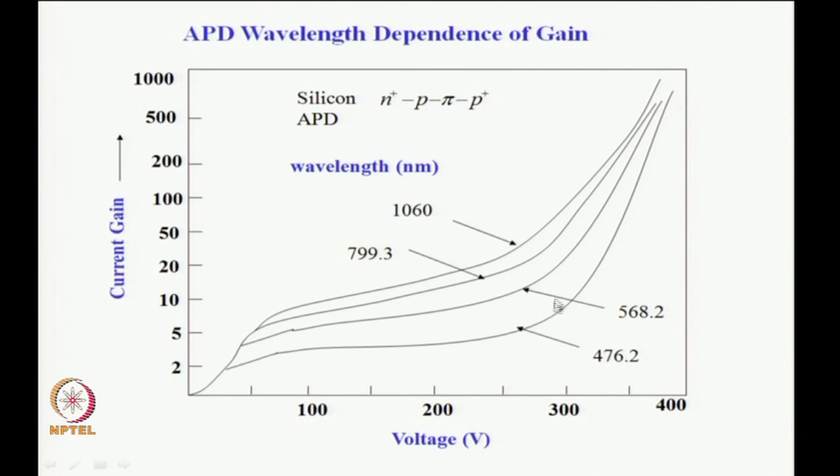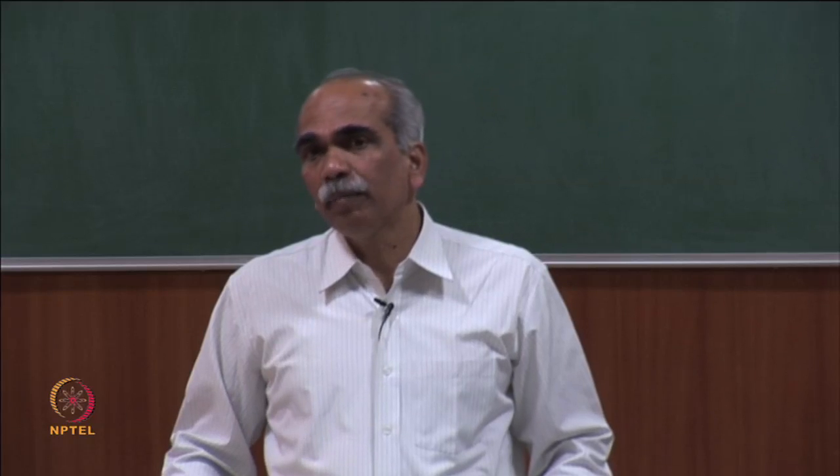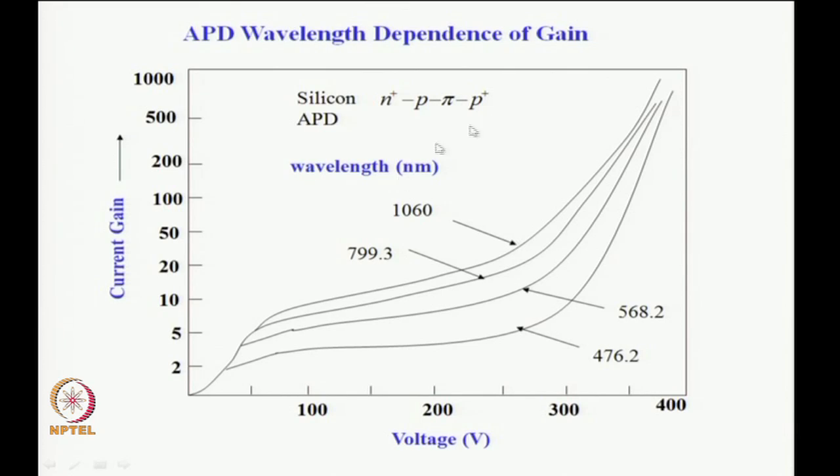This is a characteristic which shows the wavelength dependence of current gain for a typical silicon APD. You see that at lower wavelengths the current gain is smaller, and as the wavelength increases up to around 1 micron or 1000 nanometer, the current gain increases.